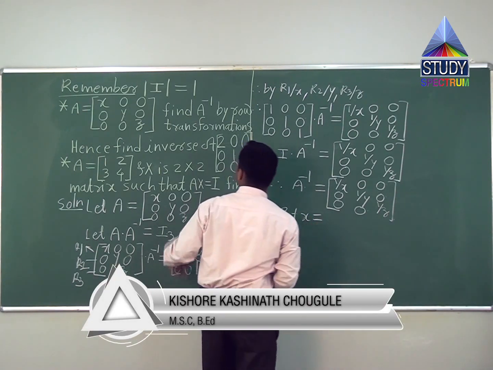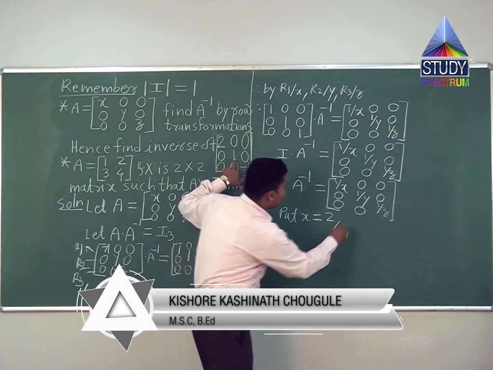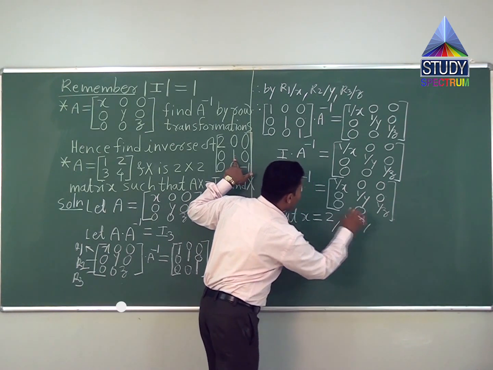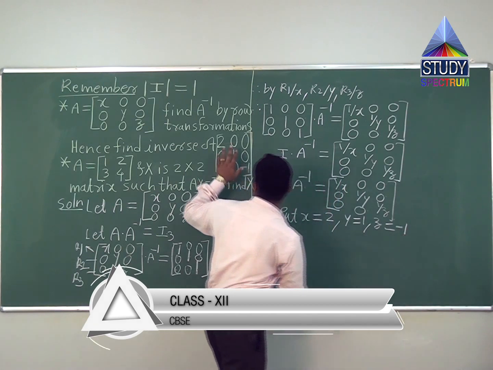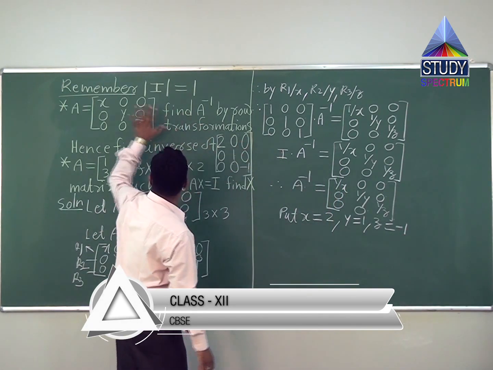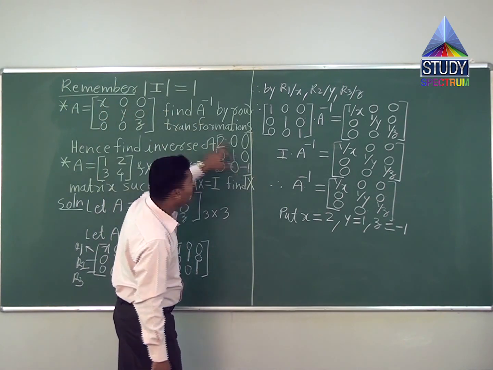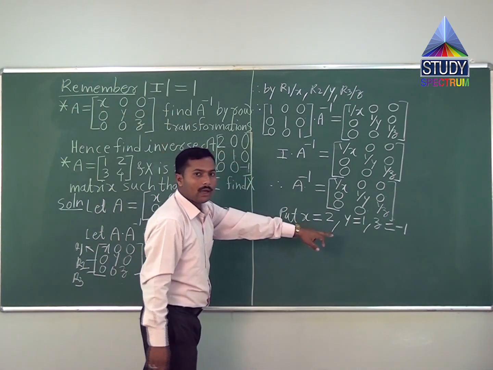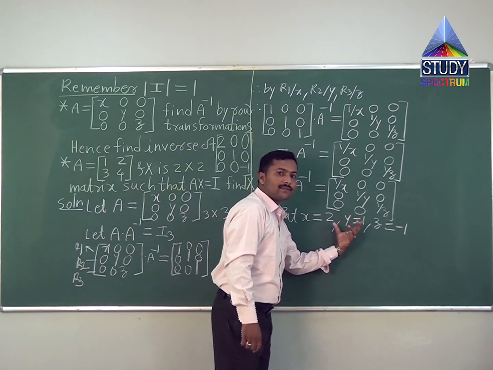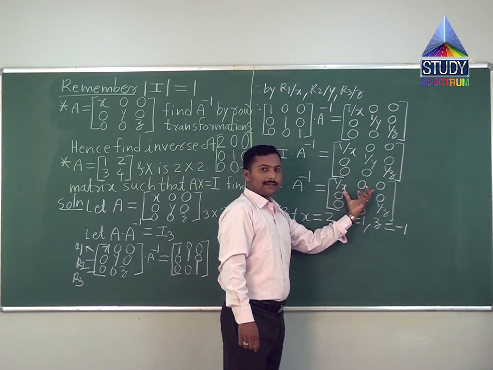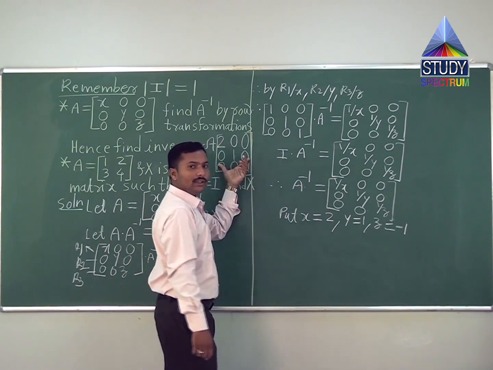If we compare this diagonal matrix with the general diagonal matrix, we get x equal to 2, y equal to 1, and z equal to -1. And by putting these three values of x, y, and z in this solution, we get the inverse of this diagonal matrix as well.